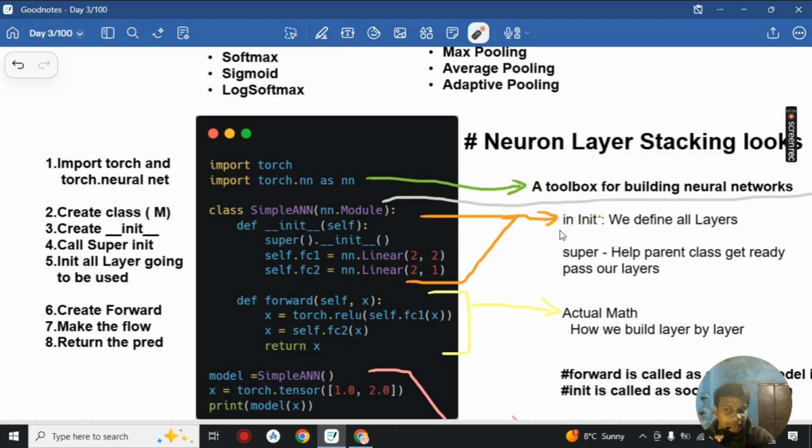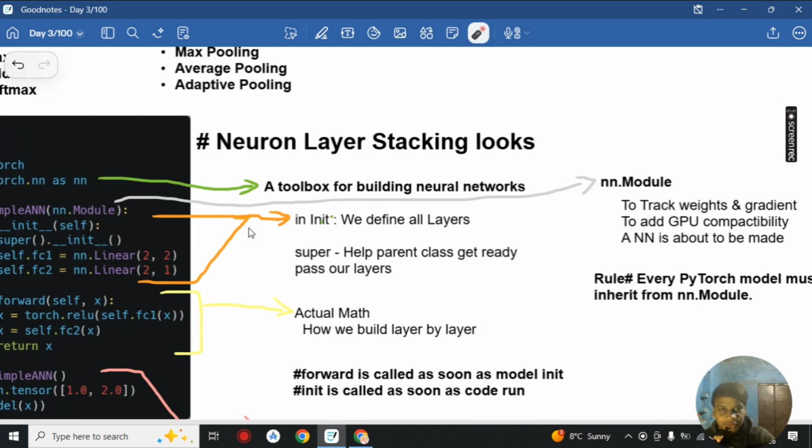Every neural network that exists always exists within torch.nn. Then we create a class name, and it takes nn.Module. We create a class with neural network dot module.